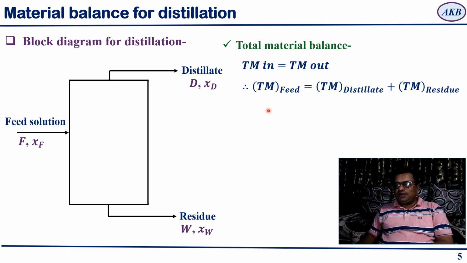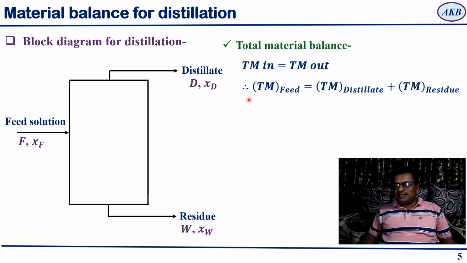Total moles that go into the operation go along with the feed. Therefore, on the left hand side of this equation, you will have total moles of feed. On the right hand side, we write total moles going out of the operation, which go out along with the distillate stream and the residue stream. So on the right hand side you have total moles of distillate plus total moles of residue.